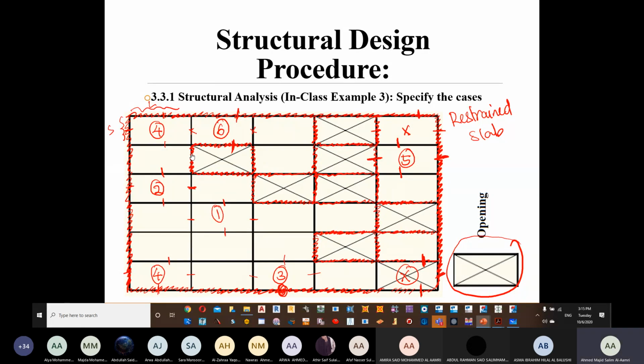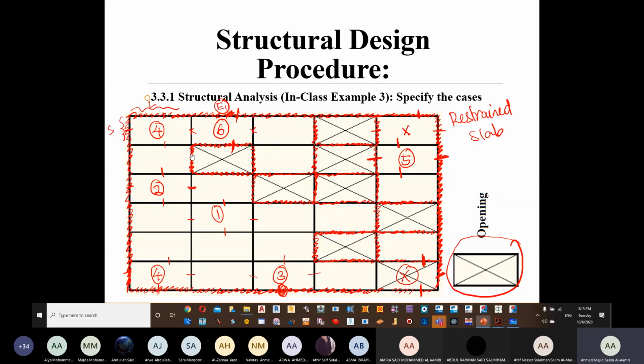Are we okay with case number 6? Can you repeat it once again, please? Now, for case number 6, it says two long edges discontinuous. This is edge number 1. Is it continuous or discontinuous?